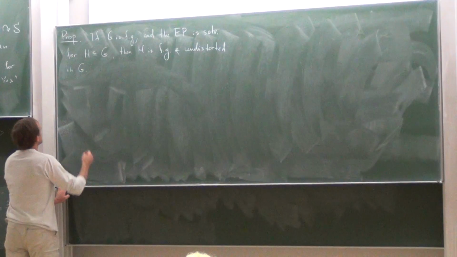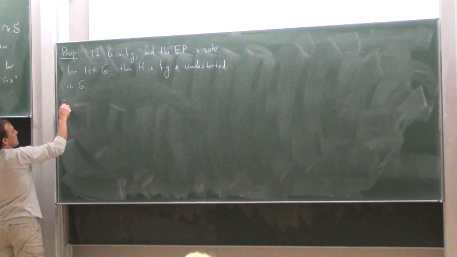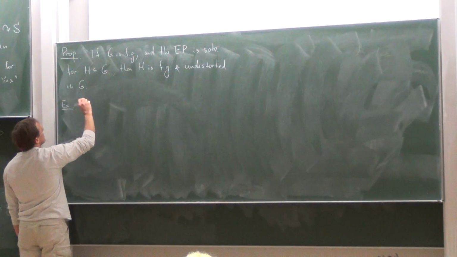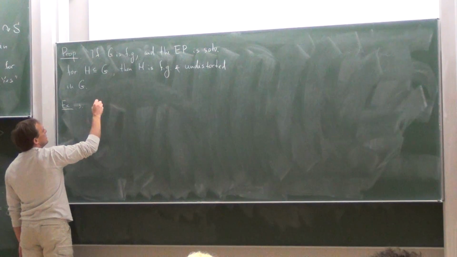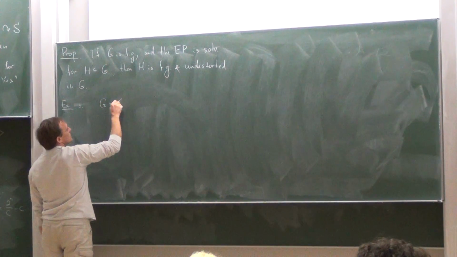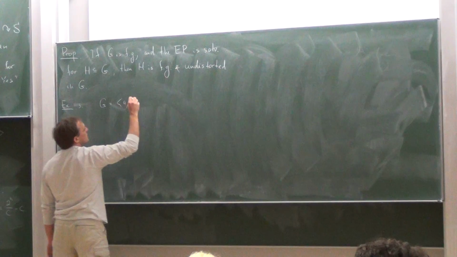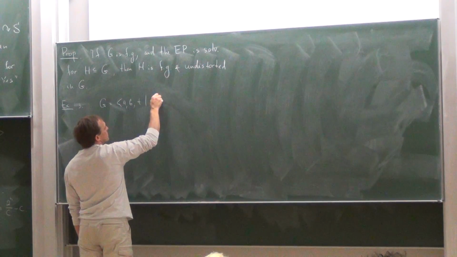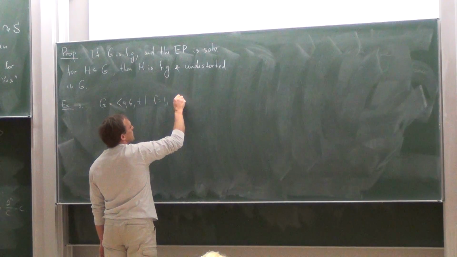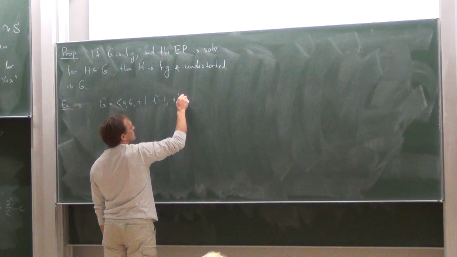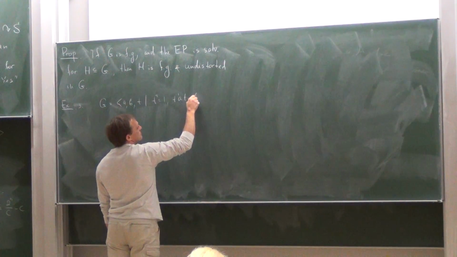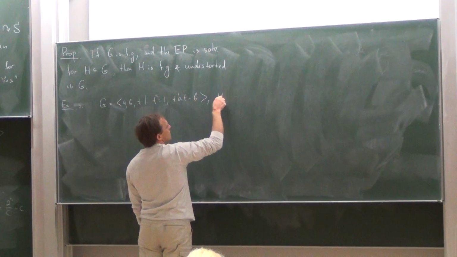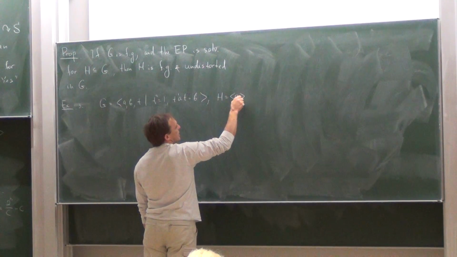The simplest counterexample is this. That's example 3. Let's take G to be the free group a, b, extended by an involution, so t squared equals 1 and t conjugates a to b. And let's take H to be the subgroup generated by a and b.